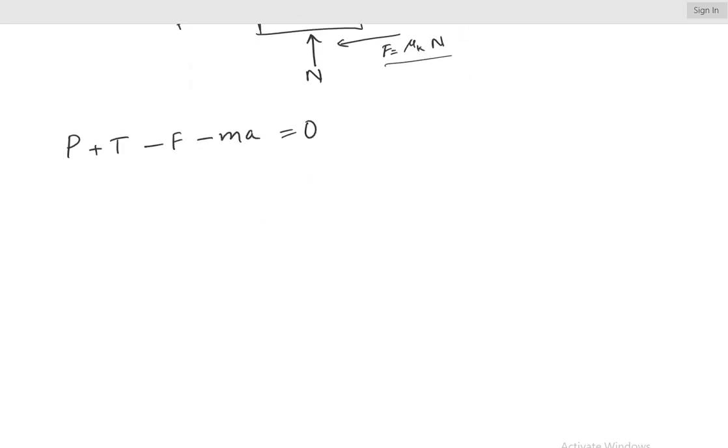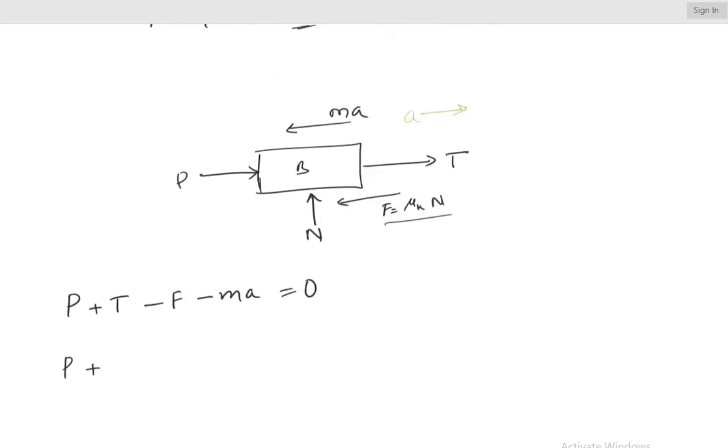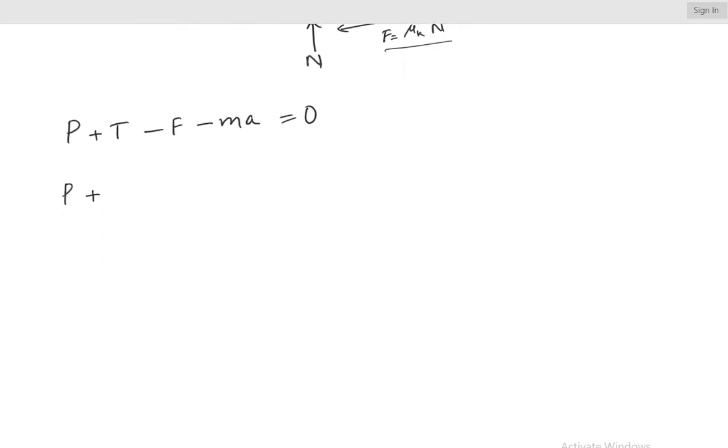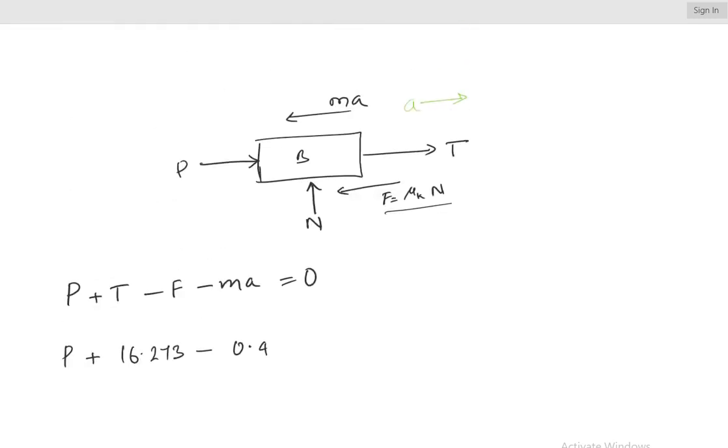Now P we need to find. T we already found, 16.273. F is 0.4 times the weight. There is no other vertical force, so the reaction is just the weight. So the action is this 80 pounds, and the reaction would be the same.